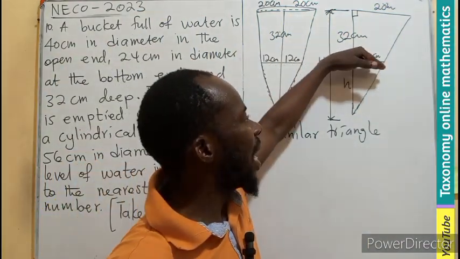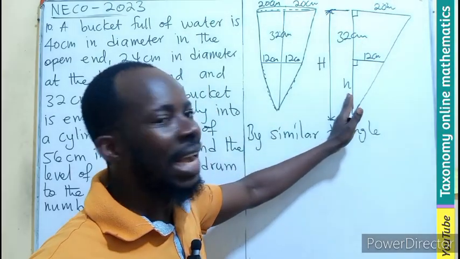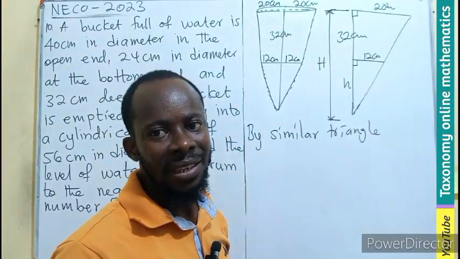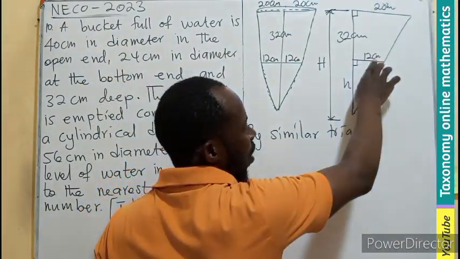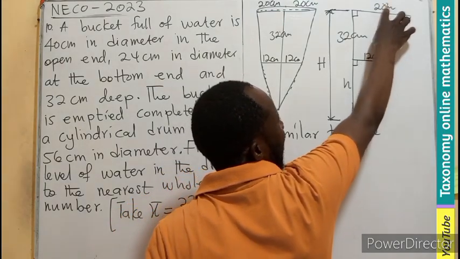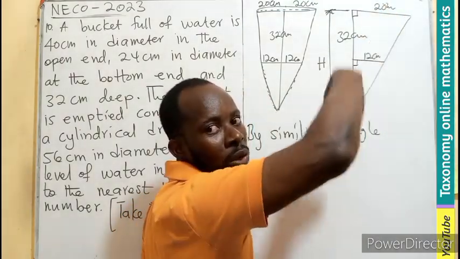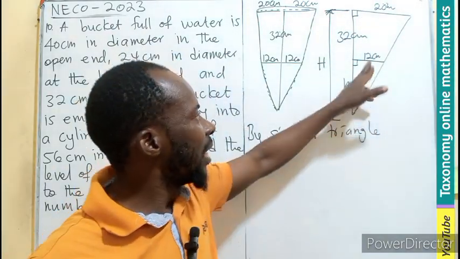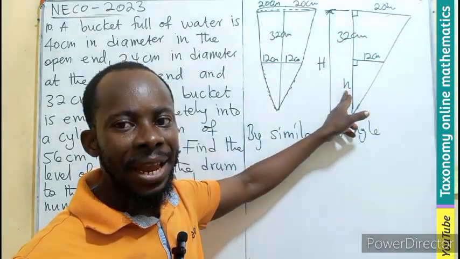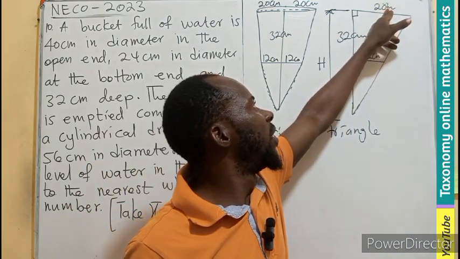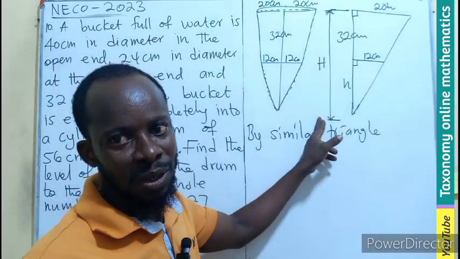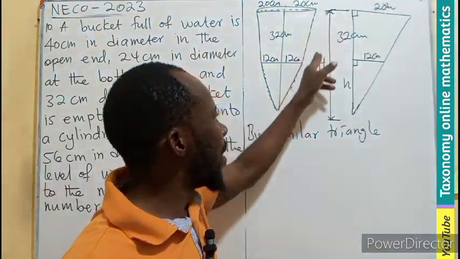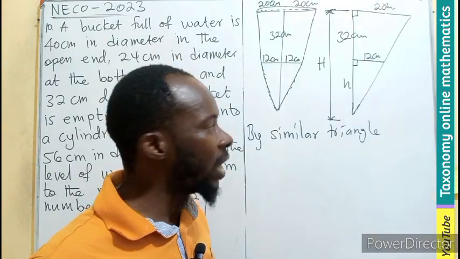I can take the horizontal side divided by the vertical side, or the vertical side divided by the horizontal side. I can take 12 divided by h is the same as 20 divided by capital H, or 12 divided by 20 equals h divided by capital H. Because of similar triangle, we can use that approach.